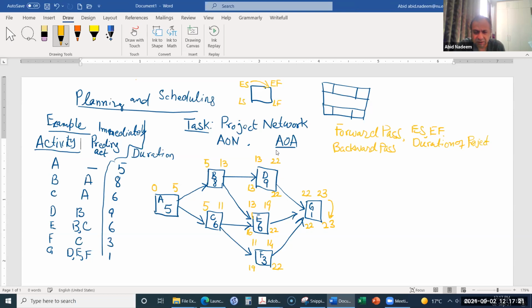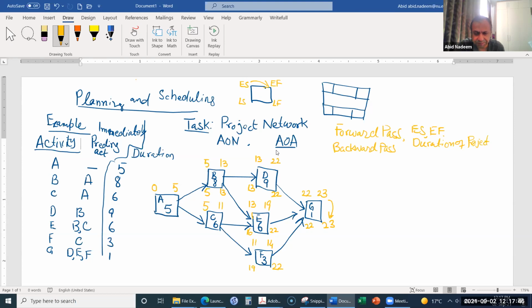Okay, and then now I will move to activity B. So activity B, can you tell me what will be the value? 13, yes. So 13, and the other value is 16, so it will be 13. And 13 minus 8 is 5. 5, okay.